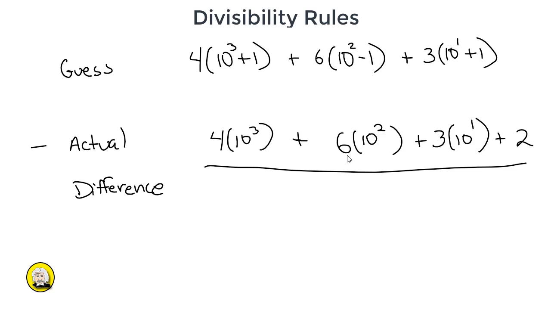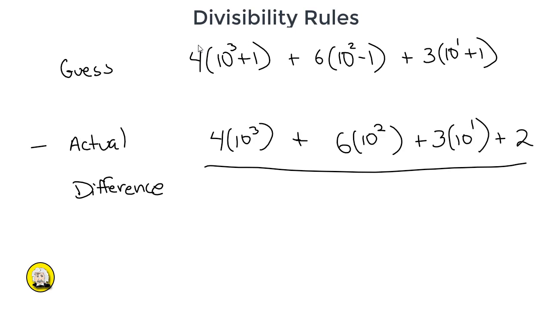It helps to rearrange our guess and our actual number to see things more clearly. Now recall, our guess, by the nature of the way we create it, is a multiple of 11. So to work out the difference, as we would from our multiple of 11 guess versus the actual number, at which point we'll then check the difference to see if that is divisible by 11, we'll have to calculate this out. So hopefully this arrangement will help.